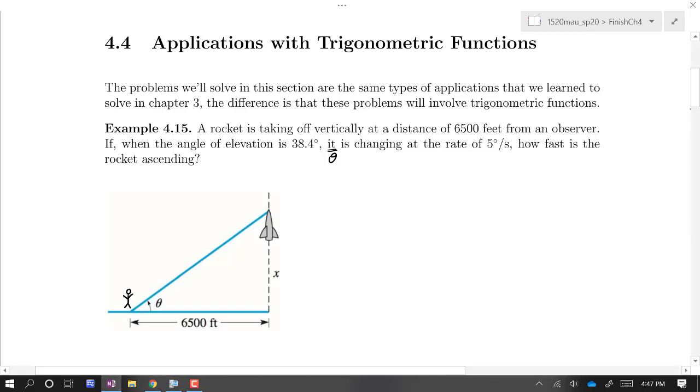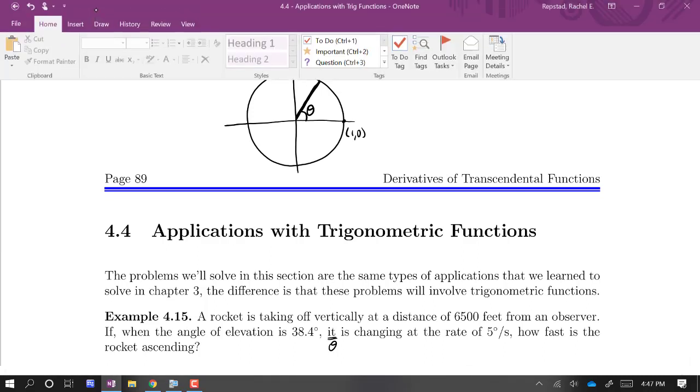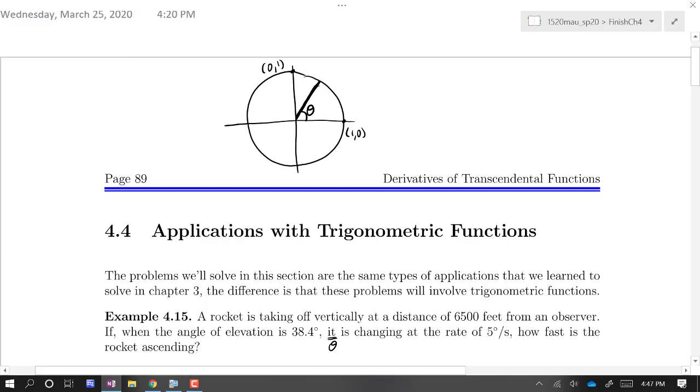However, when we measure an angle, I'm going to go back to the unit circle here. So this is the point 1, 0. And this is the point 0, 1, and so on. So if I'm just going to draw an angle, I'm just putting it in the first quadrant for fun, but it's true regardless. So let's say I have this angle theta. If theta is measured in radians, then the measure of theta is the arc length, the length of the arc that it cuts out on the unit circle.